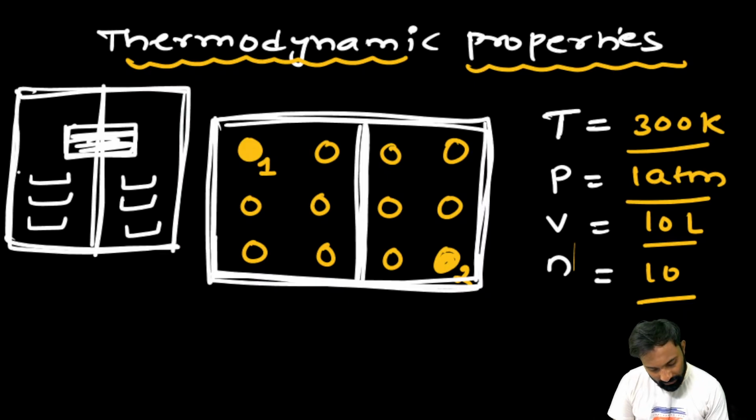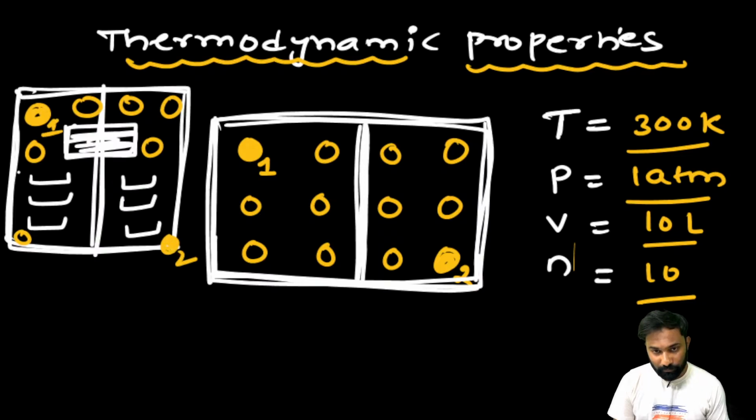We'll see. Let's suppose in our class we have gas molecules like this. Clear? Done? Now this is gas molecule 1, and this is gas molecule 2. Here in our classroom, before making the partition, all the gases have 1 atm pressure. Even if I make the partition, the gas particles present in our classroom will have the same pressure. Why?